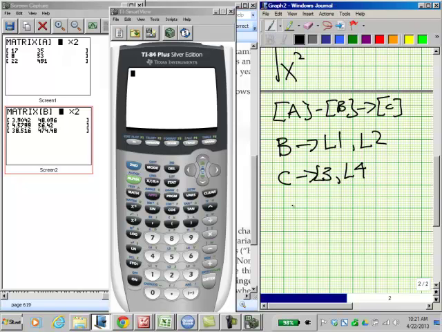Then we'll take L3 and divide it by the square root of L1, and we will take L4 and divide it by the square root of L2. And that will give us the standardized residuals for this test.